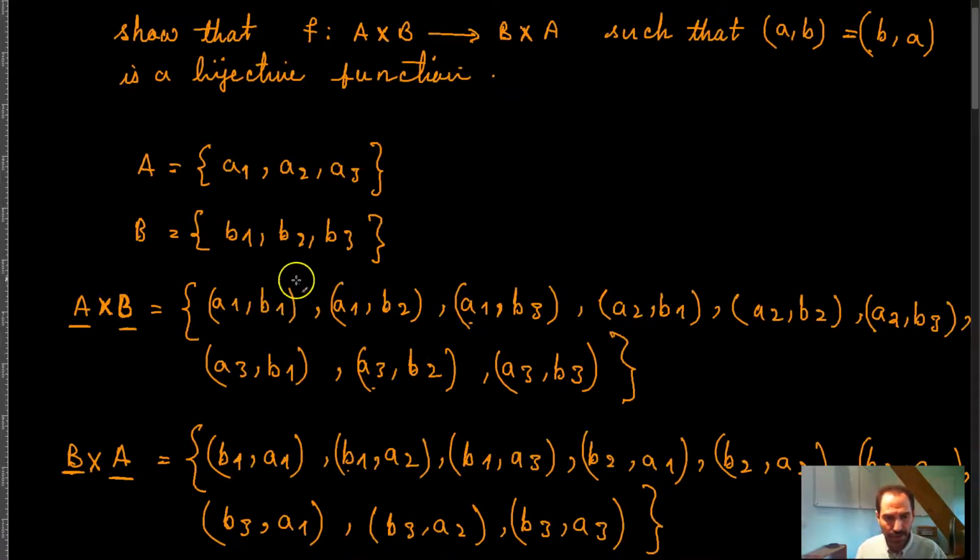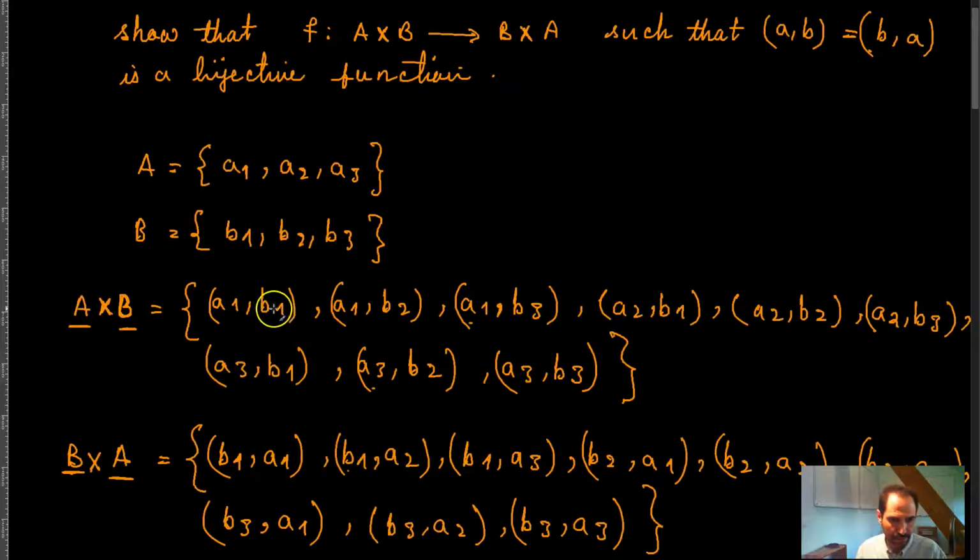That means that, for example, this ordered pair over here, A1 B1, is equal to B1 A1. I'm sorry, A1 B1 and again over here I have B1 A1. Where is B1 A1?